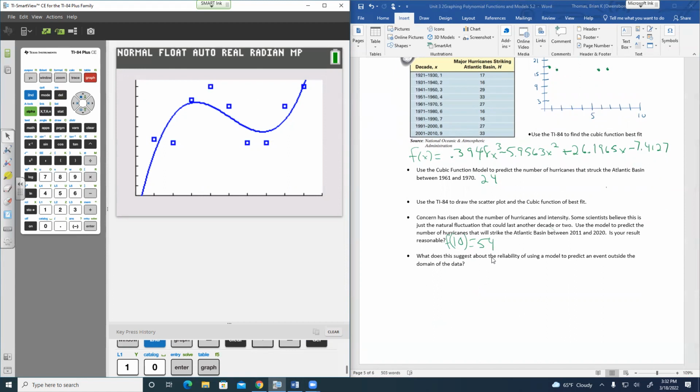Well, looking at this, that's actually not a bad prediction. So I would think, as long as you don't go too far out, it's somewhat reliable. So it can be used. I would say it can be reliable to a certain degree. But again, the more data we have, the better our predictions are.